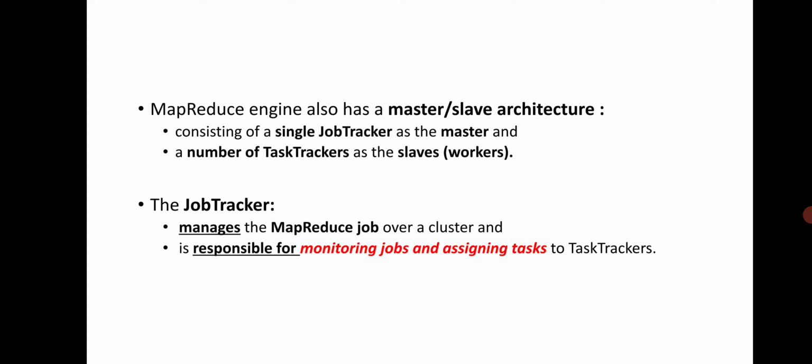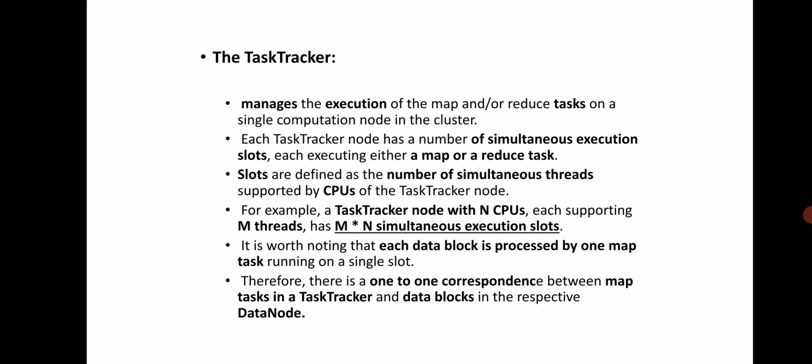The MapReduce engine also has a master-slave architecture consisting of a single job tracker as the master and a number of task trackers as the slaves, which means workers. The job tracker manages the MapReduce jobs over the cluster and is responsible for monitoring jobs and assigning tasks to the task trackers.